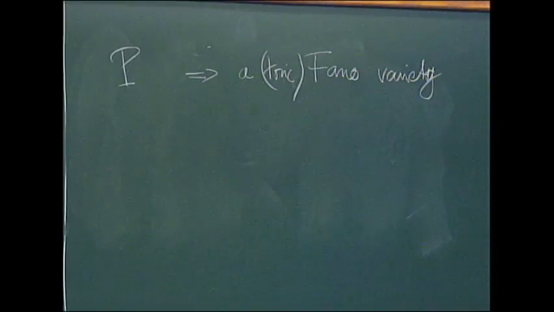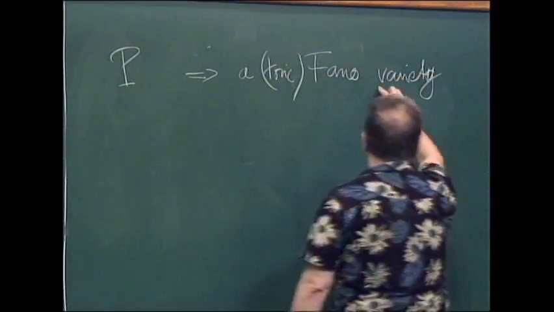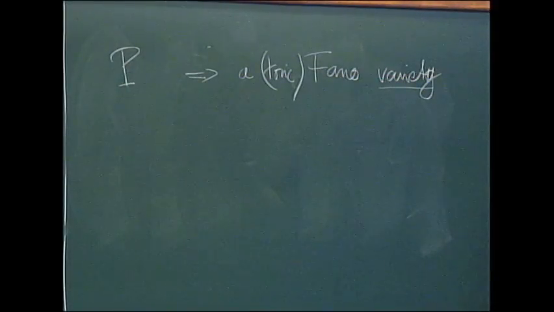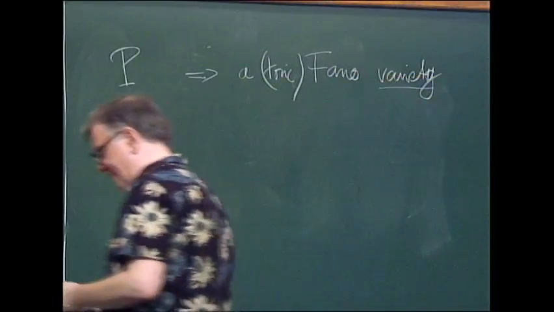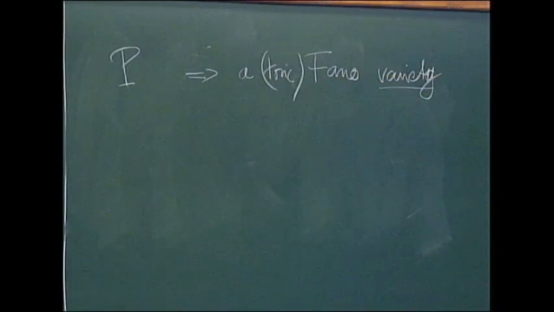Let me just say here, I say variety, I'm not saying manifold, okay? The key point about this is that this thing is going to be singular. And so how does this work?